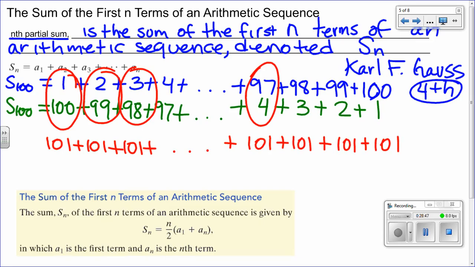So how many of those 101s does he have? 100, right? So he has 100 times 101. But since he wrote the numbers twice, he has to divide by 2.